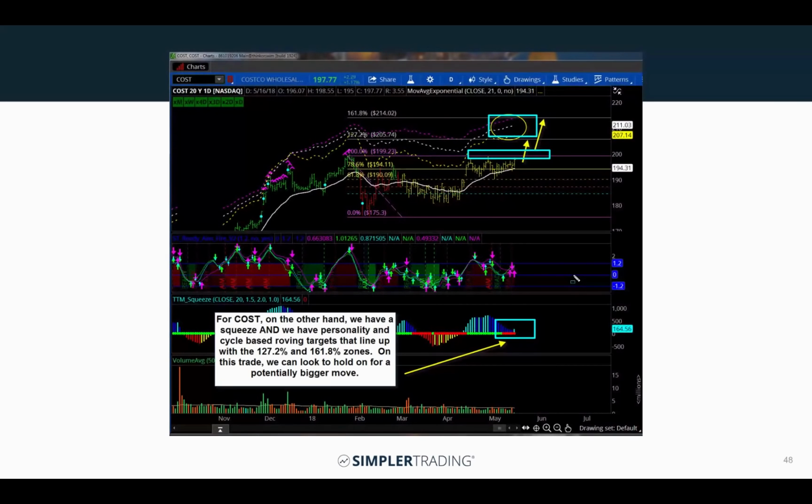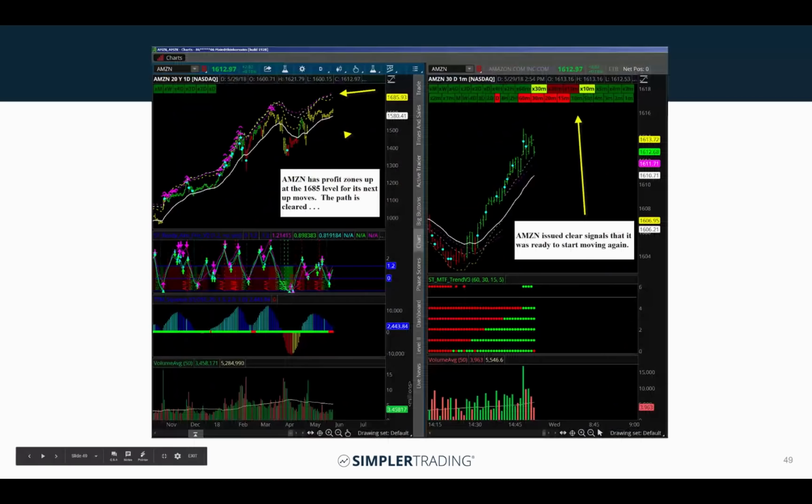Okay. And then Amazon's one of my favorite longs here, because not only do we have crosses happening all over the place, telling us to get in, we got squeezes telling us to get in, but look at the profit zones up here. They're at $1,685, and we're currently at about $1,613.